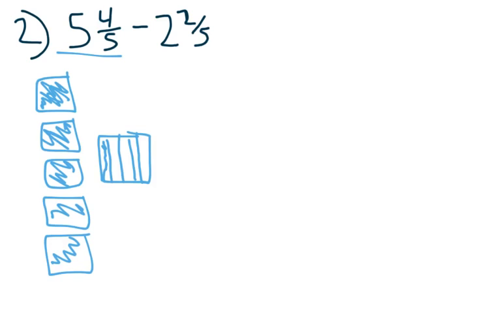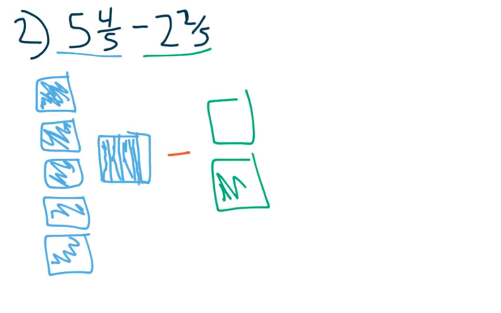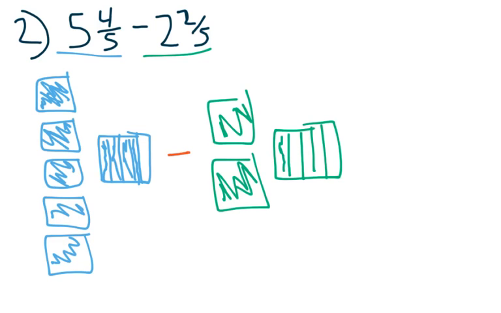All right, and I have 1, 2, 3, 4 of those shaded. And then I'm going to subtract 2 2/5. So 2 2/5, I'll have 2 squares, 1, 2, and then the fraction, which again is broken into fifths, so 1, 2, 3, 4, 5. 2 of them are shaded in.